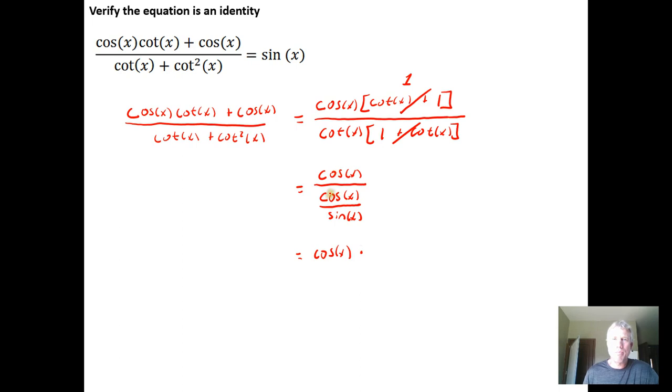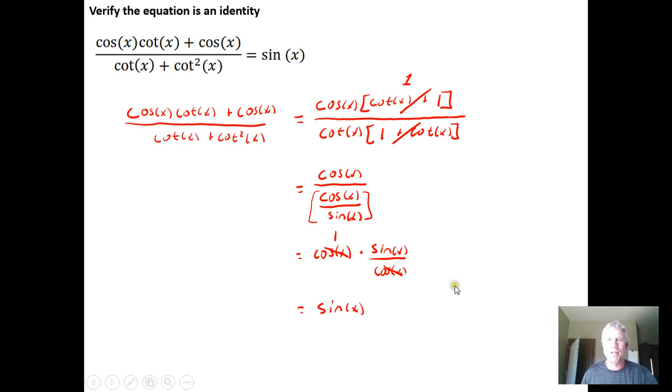So cosine divided by cosine over sine is the same as cosine times sine over cosine. I take the thing in the denominator of this complex fraction and multiply by its reciprocal. And here I see that cosine divided by cosine is 1, and 1 times sine is sine x. And of course, it's only equal to 1 as long as cosine isn't equal to 0, but I don't think we're too concerned with that level of carefulness right now.